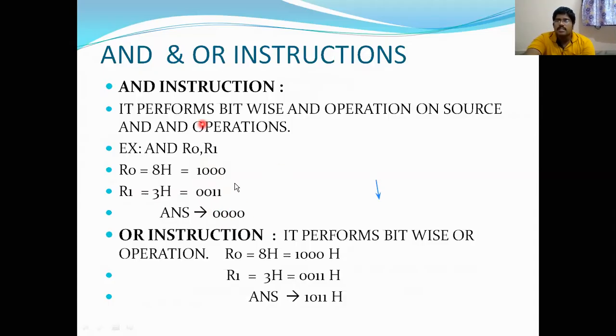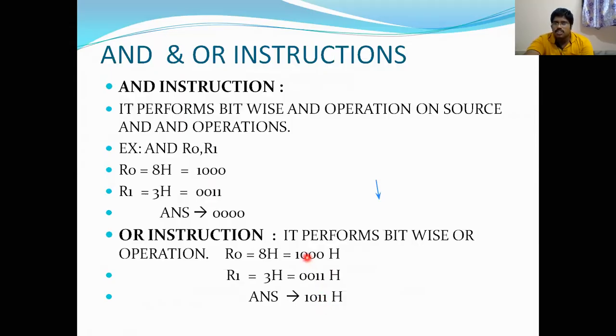If you consider the same example with an OR gate, it is also going to perform a bitwise OR operation. That means the output of the OR gate is 1 when any of the inputs is 1, not both. When any of the inputs is 1, the output is going to be 1. If you observe here, one input is 0 and the other is 1, so obviously the output becomes 1. Here also one input is 0 and the other is 1, so the output is 1.